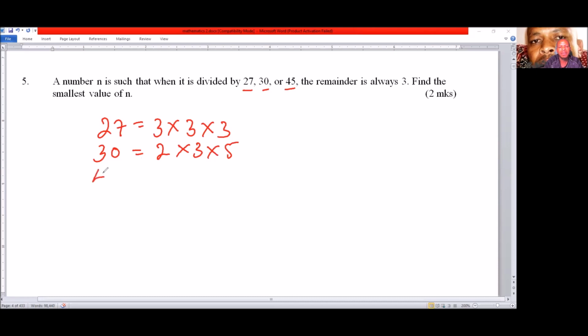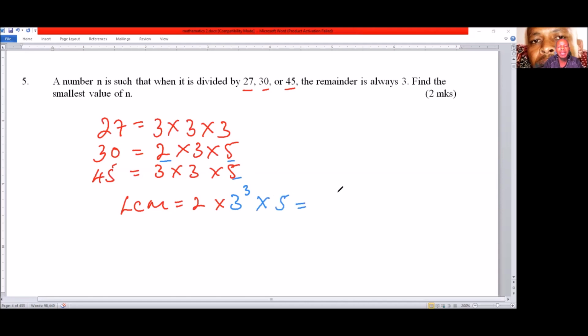And then we have 45. When you divide by 3, you get 15. 15 divided by 3, you get 5. So the LCM, this common multiple, you start with 2, you pick that 2 multiplied by 3 to power 3, and then you multiply by 5, a single 5.